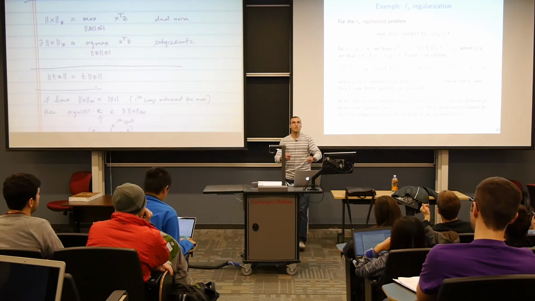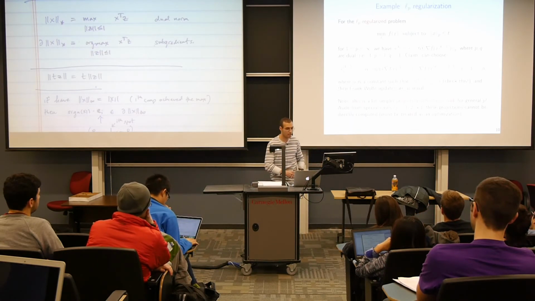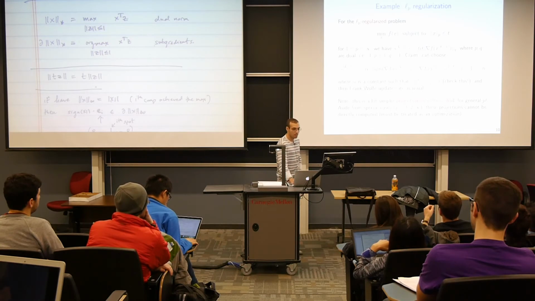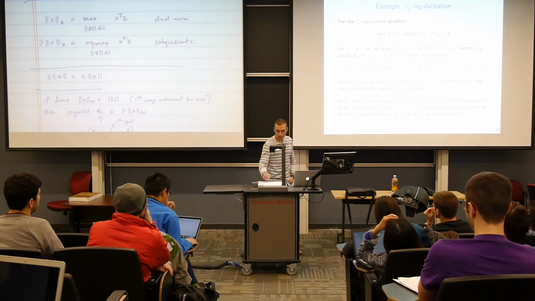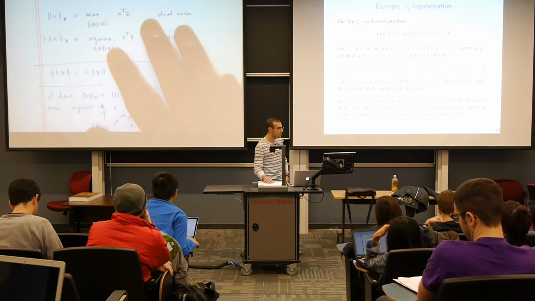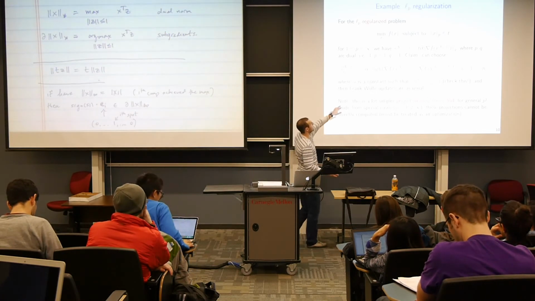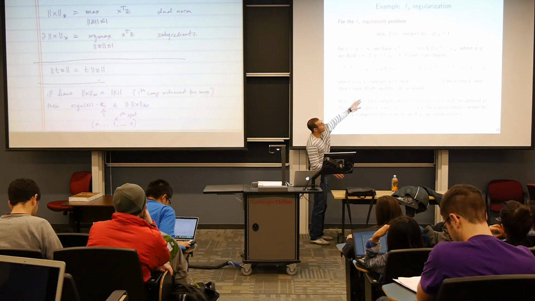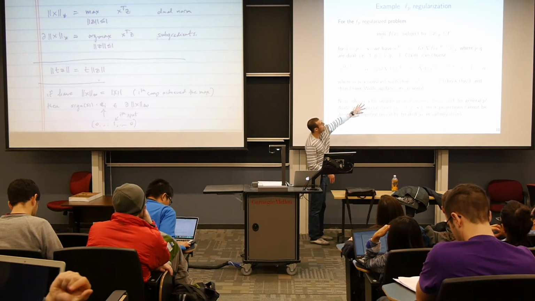You can just plug this into the formula for subgradients and check that we get the right inequality. You can also plug this into this maximization problem and check that we actually have achieved the max. But that's a valid subgradient. It's just a bunch of simple arithmetic operations.